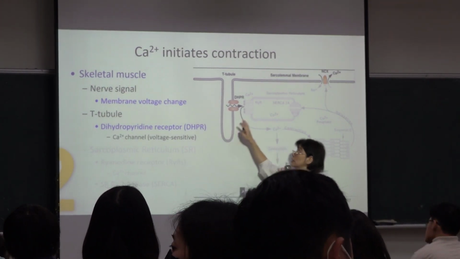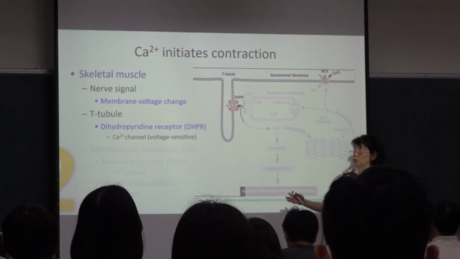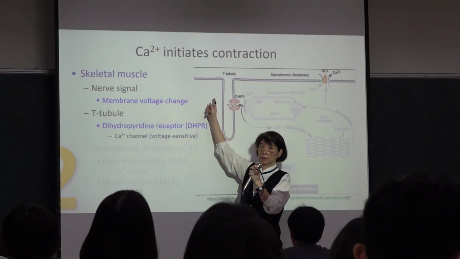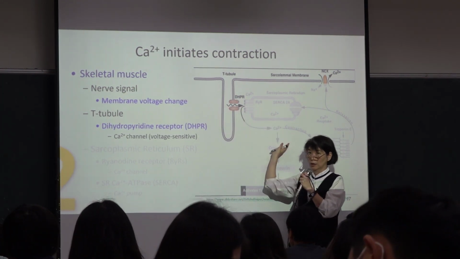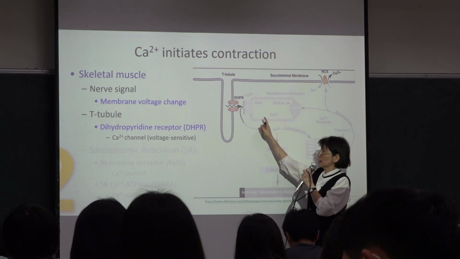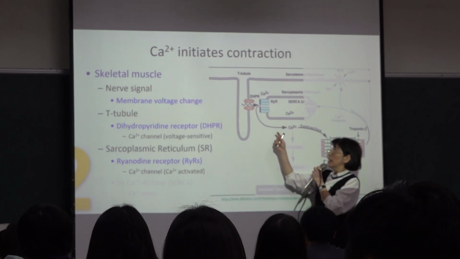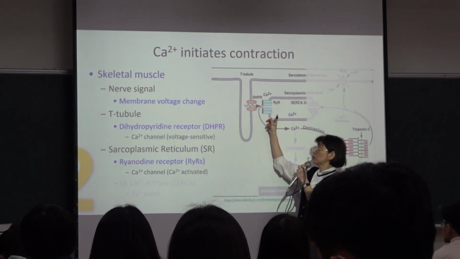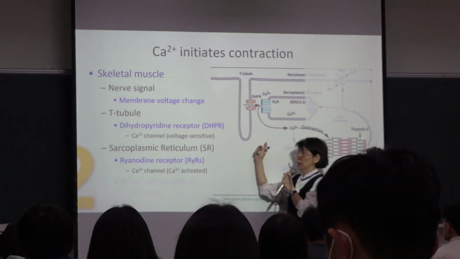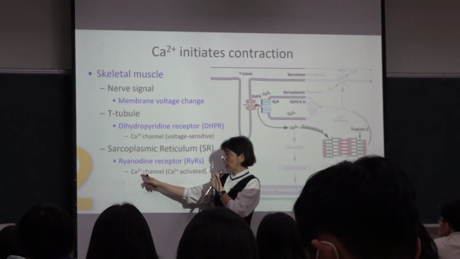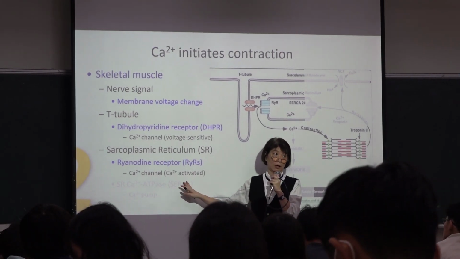Okay, so it senses the voltage change, and then the channel opens, which allows calcium entering the cell from outside, all right? And this calcium entering triggers another channel on the SR membrane, okay? This is also a calcium channel. It's activated by calcium.